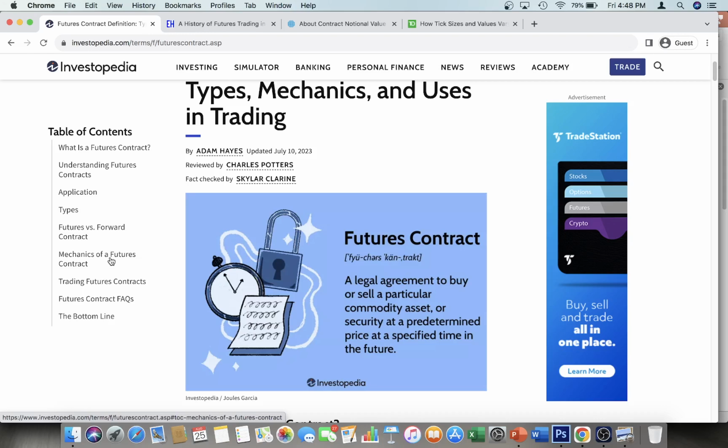There's three things I want you to remember: the words legal agreement, and that you're agreeing to buy or sell something at a specific price at a future date. Like you're agreeing to buy or sell something at a certain price at a certain point in time. And that's all it really is. And it is a legal agreement.